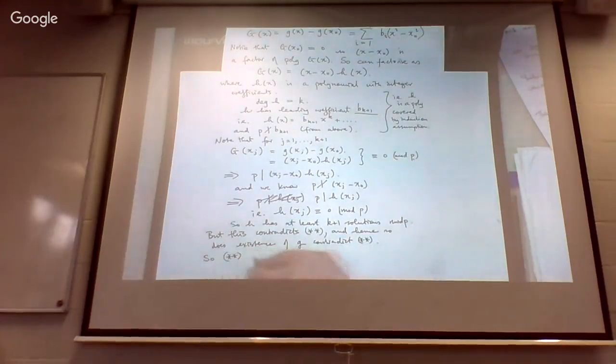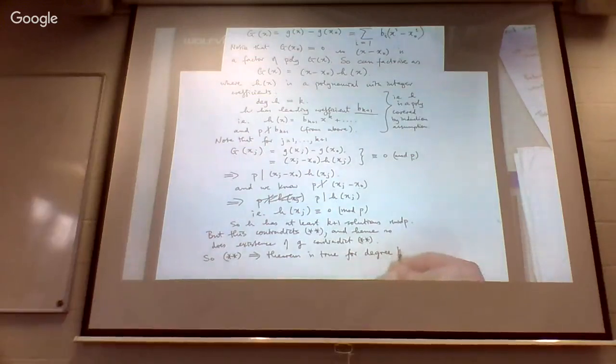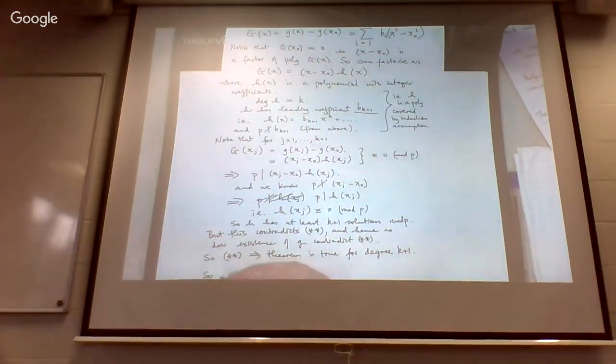So star star implies the theorem is true for polynomials of degree k plus 1. So by the principle of induction, it must therefore be true for polynomials of all degrees. So in effect, all polynomials. By induction, the theorem is true for all polynomials.